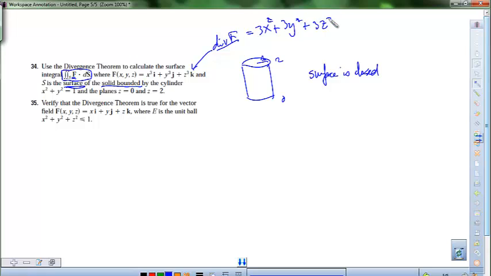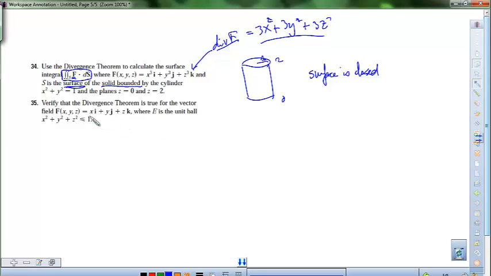Now at first glance this might not look so easy, but you've got x squared plus y squared plus z squared, and so maybe in this particular case, because we have a cylinder, we might just go to cylindrical coordinates, which is still going to simplify this quite a bit. But if it's a sphere, then this would definitely be an easier integral, because you can replace x squared plus y squared plus z squared with rho squared.